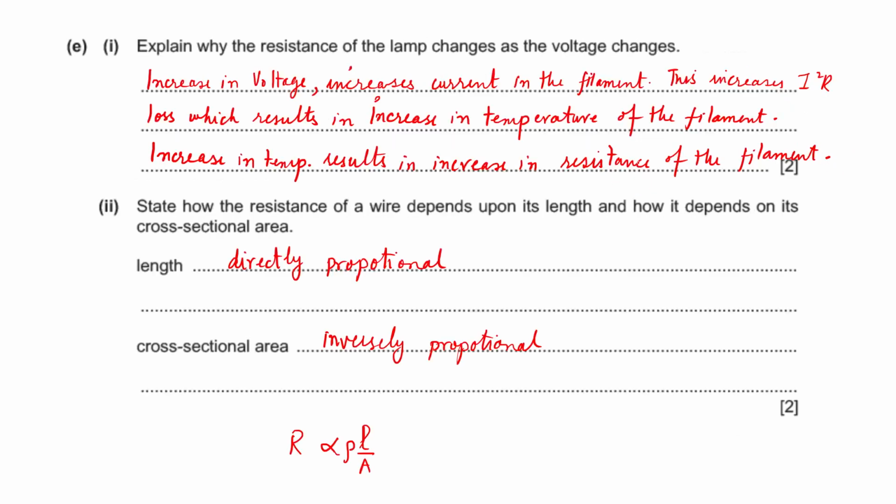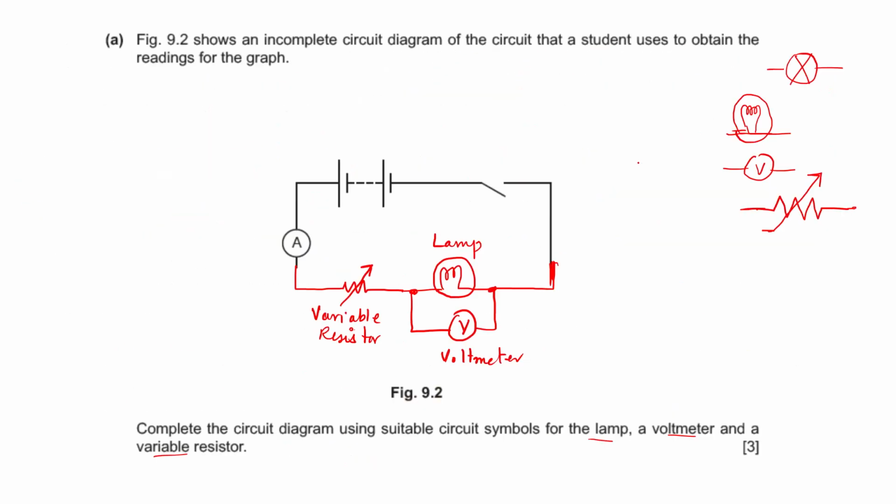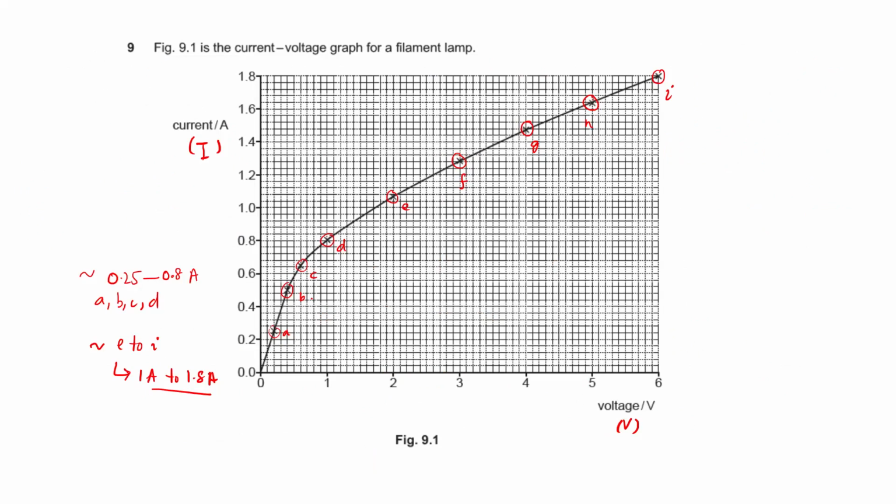So now we go to the graph and see what is there. So we see that till point C or till point D, the filament starts working or the bulb is working, and then there is a rapid rise in the current as the voltage starts increasing.